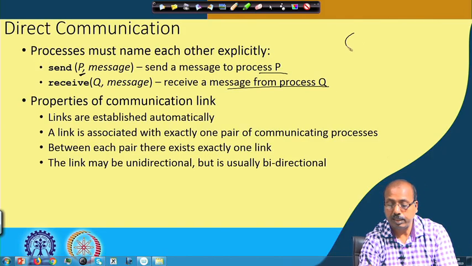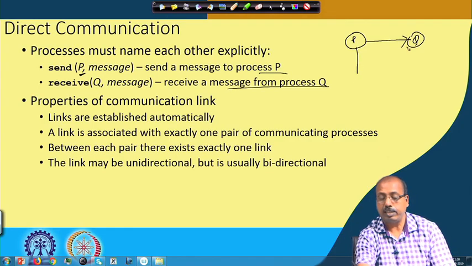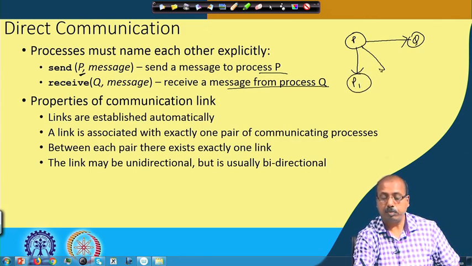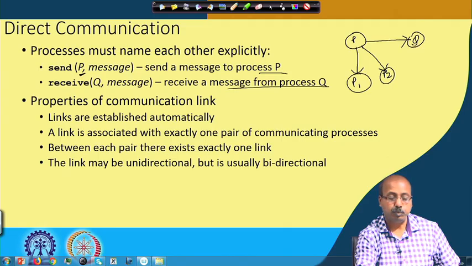Suppose this is p and this is q. p wants to send some message to q, and also some other message to process p1, and another message to process p2. So it has communication with many of them, but it wants to send this particular message to q only.